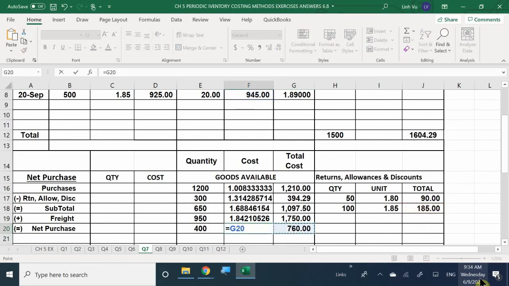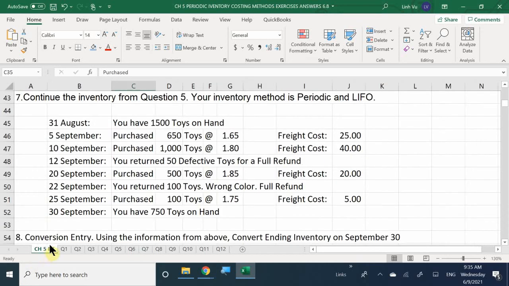Now I have a new total cost and a new quantity. So what is going to be my new cost per item for this batch? $1.90. Okay, good. Let's see what happened on September 25th.